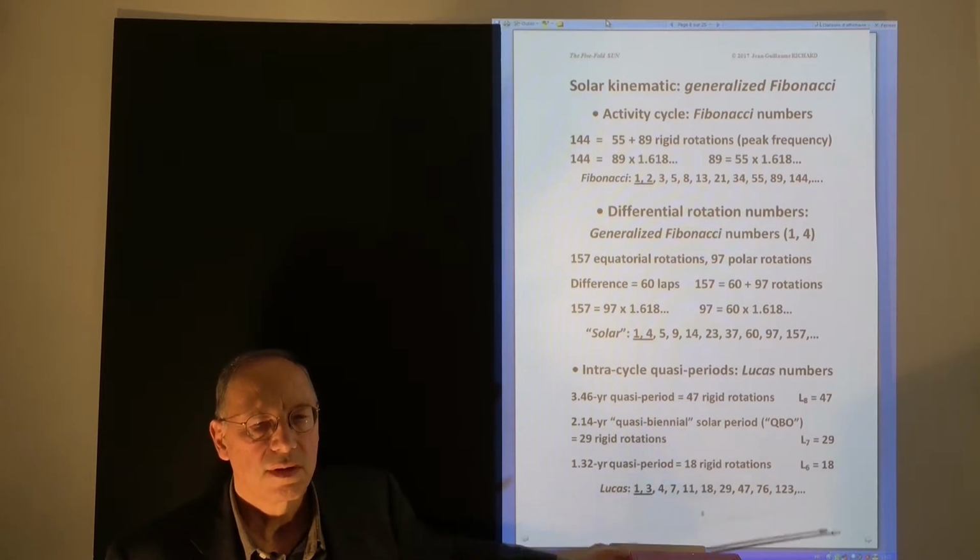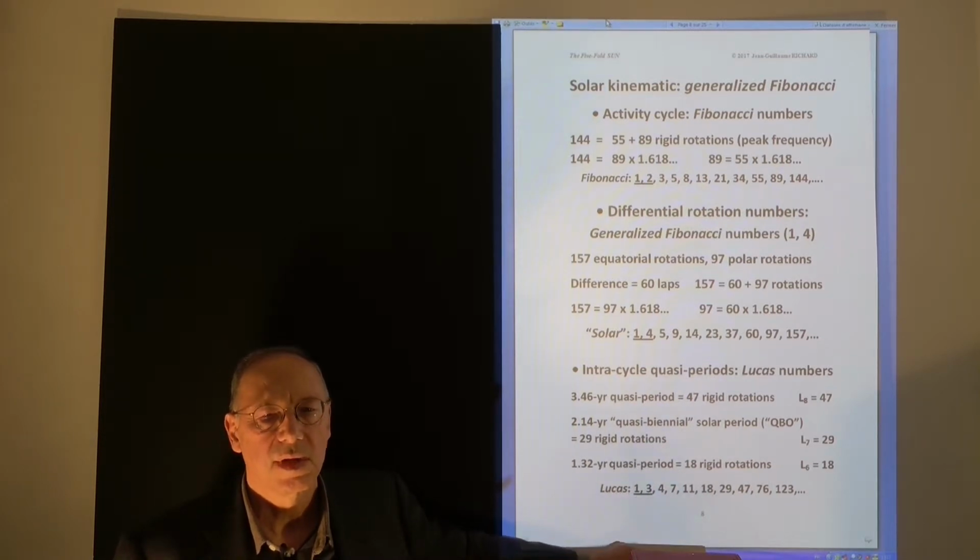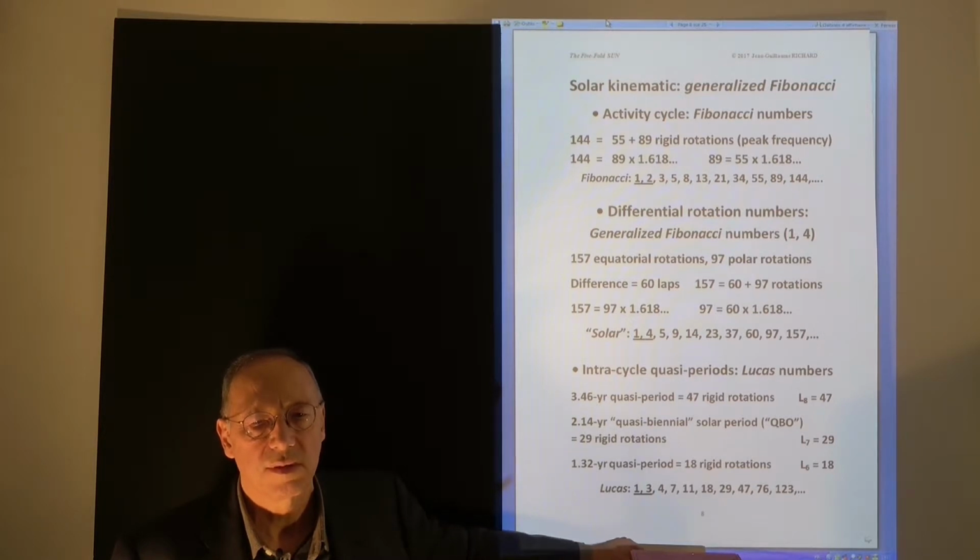There is as well, according to results obtained separately in this work, a set of intracycle quasi-periodicities in solar activity which can be expressed in Lucas numbers, which are also generalized Fibonacci numbers.